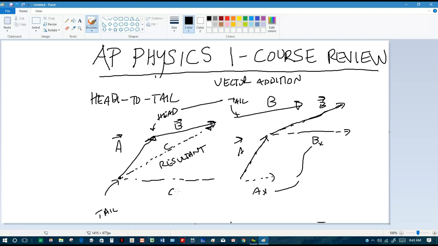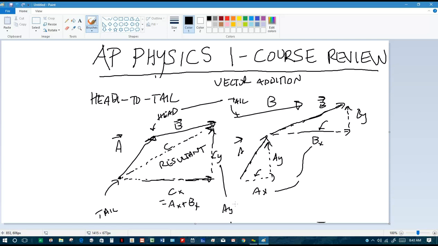So the resultant, called vector C, has an x component Cx, which is equal to the sum of Ax plus Bx. It's however long Ax is right here, plus however long Bx is right there. And similarly, the resultant has a y component called Cy, which would be the sum of Ay plus By.